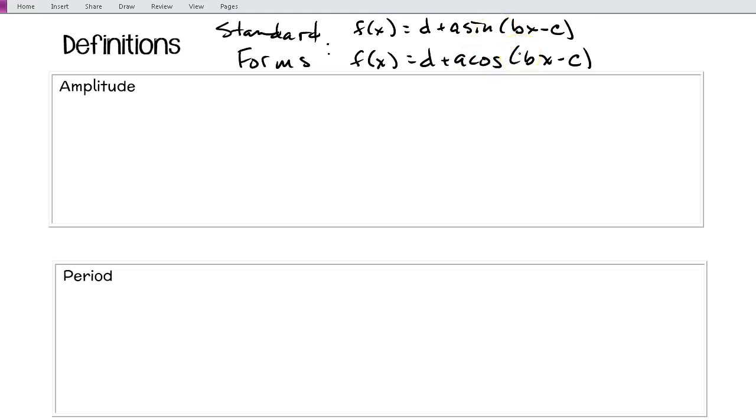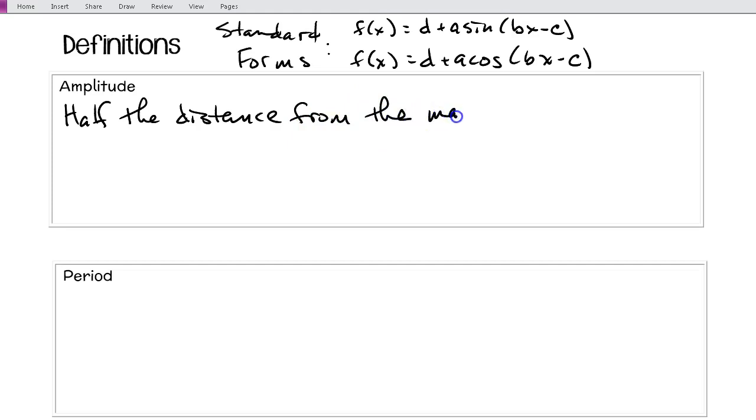So there's our standard forms, and we have these different letters in there, A, B, C, and D, and these are going to help us find different parts of the graph. So the first thing we want to talk about is the amplitude. Basically, this is half the distance from the maximum values to the minimum values.